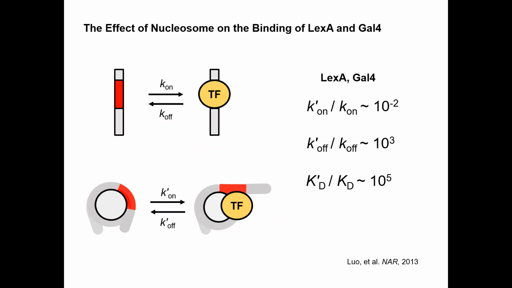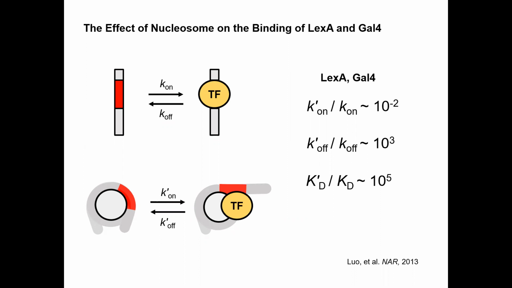If you let go of one hand, this site can be immediately reclaimed by the nucleosome, so you have a hard time rebinding again. Now you let go of this hand, and the whole thing just falls apart. Okay. Because the K on and the K off move in different directions, the overall KD, the effective affinity, is hugely reduced. So basically, these factors have very, very little affinity for nucleosome.